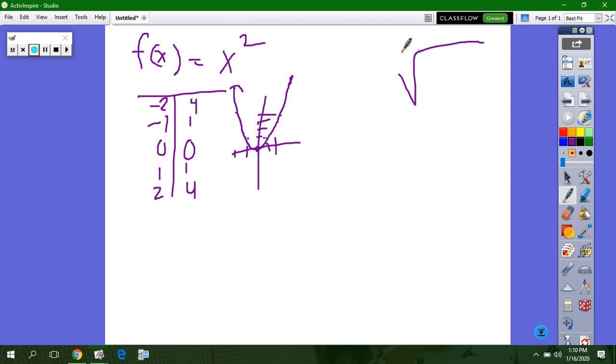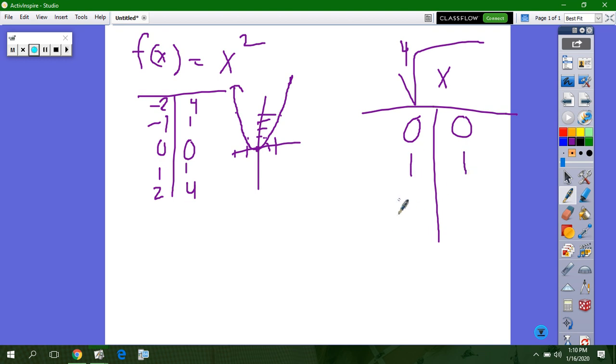What would be nice fourth roots? We want to have perfect fourth roots. So 0 is the first best one, right? 0. How about the next one? 1. And then 16 gives you 2. So it looks like a square root, but it's just longer.